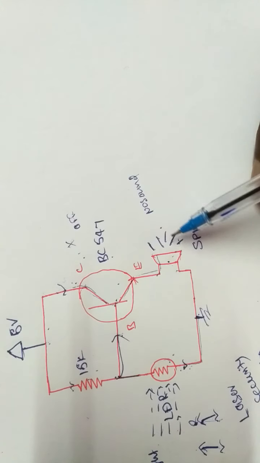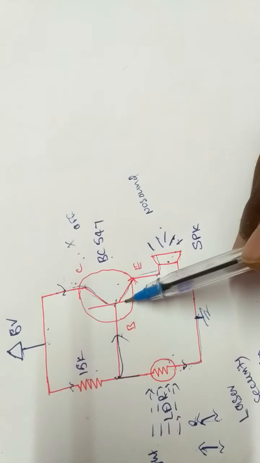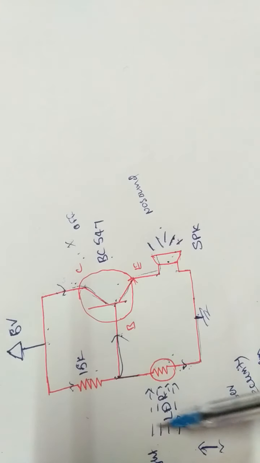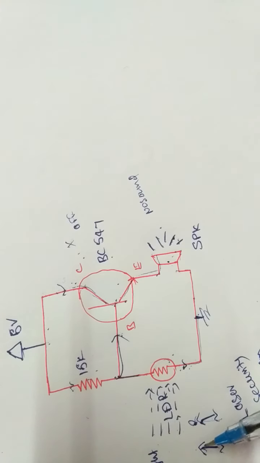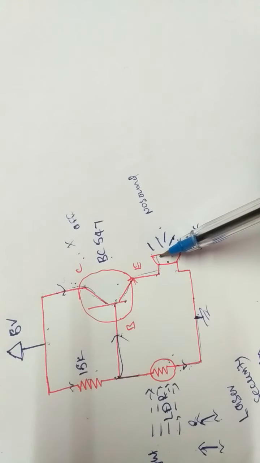The speaker will be turned on, right? When the transistor turns on, there is an obstacle. Whenever a man enters or there is an obstacle, it detects the obstacle and the buzzer sounds.